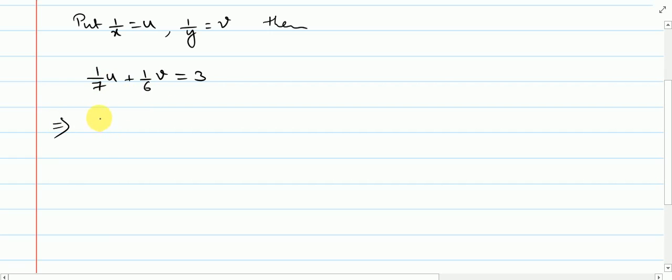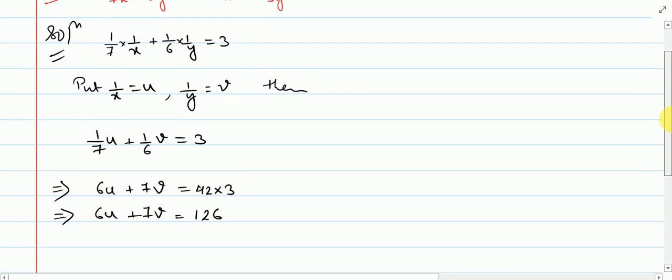Okay, so 42 over here, here 7 will cancel 42 6 times, so you get 6u, and here you get 7v because 42 and here 6 will cancel 7 times, and here 42 into 3, so you get 6u plus 7v, and here 3 2 is 6, and 3 4 is 12, so 126. I'm not giving equation number to it.